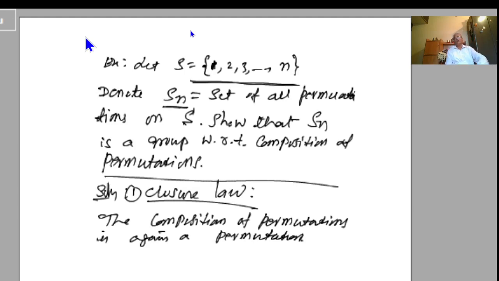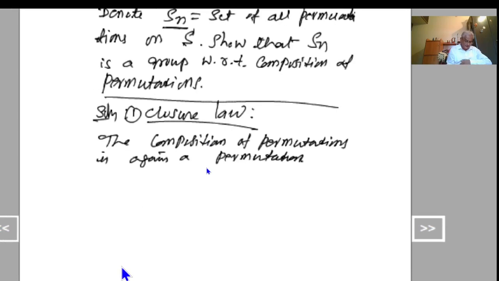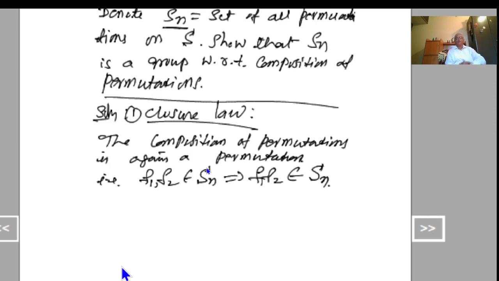That is, if I take the composition of any two permutations, it is again a permutation. That is, say F1 and F2 belong to Sn. Any two permutations belong to Sn. Then this implies F1 F2 also belongs to Sn. So closure law is satisfied. Closure law holds.